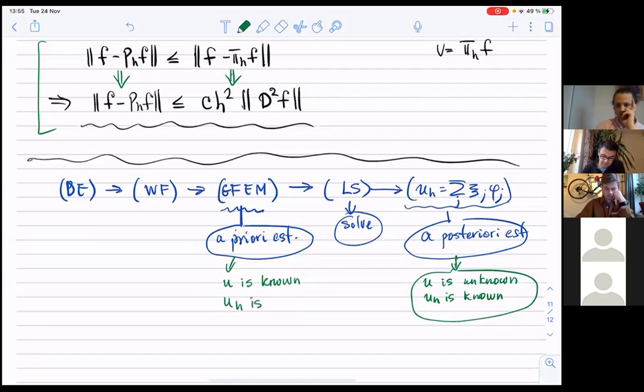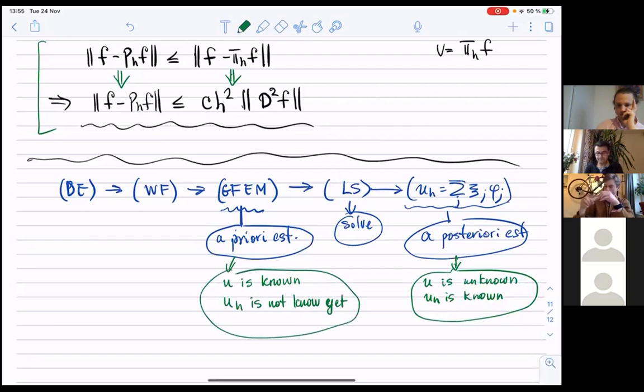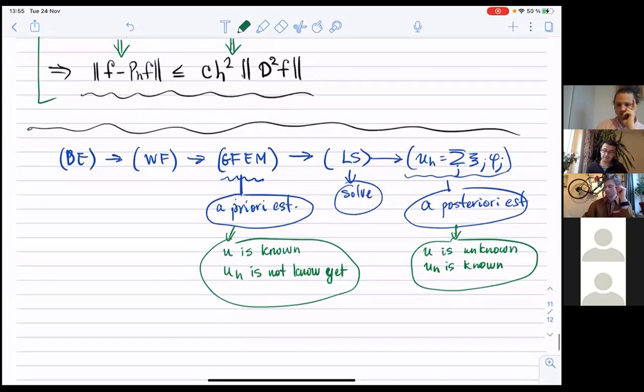Here we don't know; UH is not known yet. So schematically, we sorted out that I can draw some kind of line here.